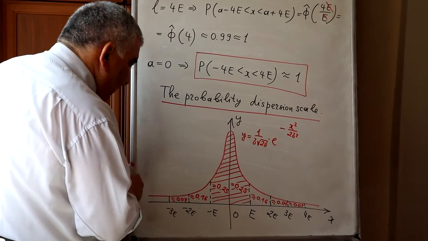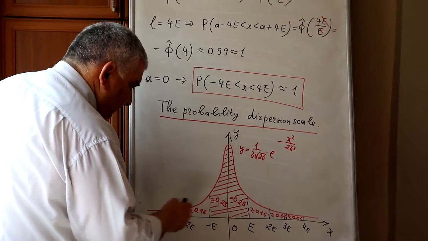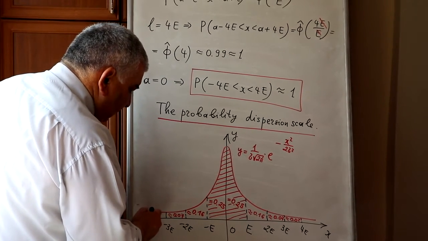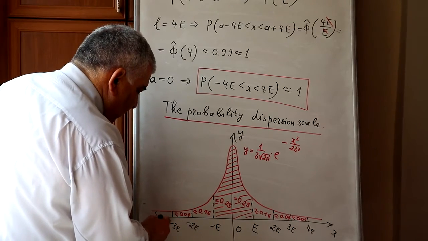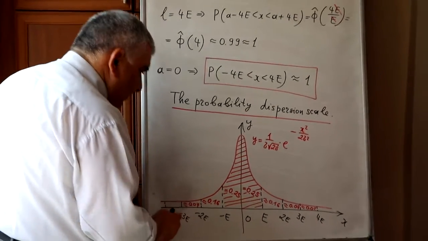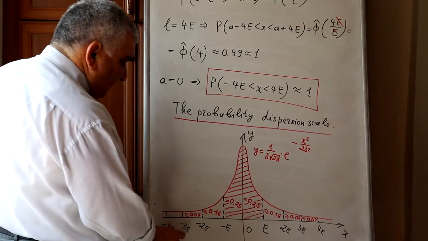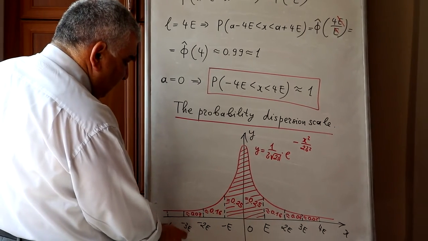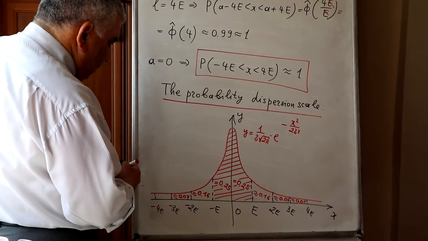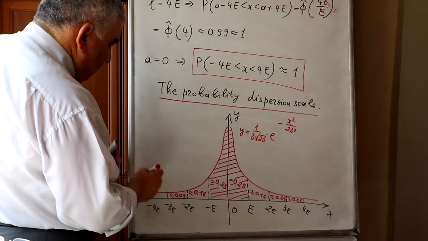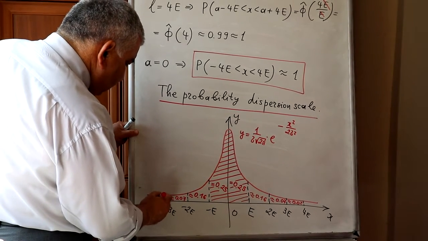And finally, the probability that the continuous random variable will be situated in the interval minus 4E to minus 3E is approximately equal to 0.02.